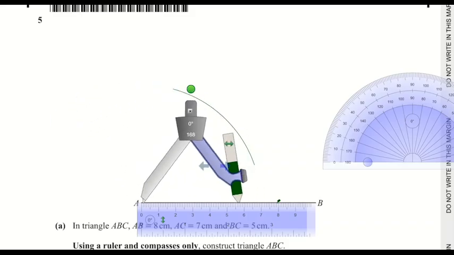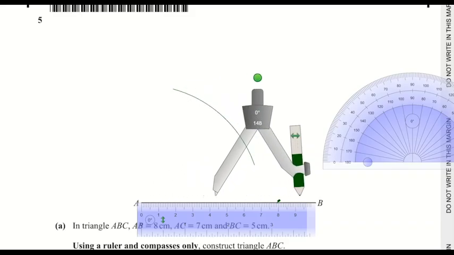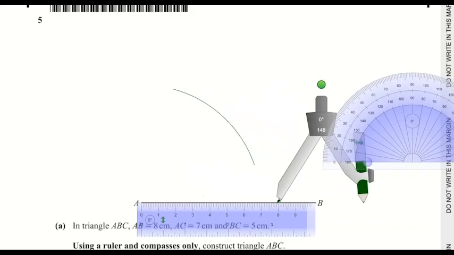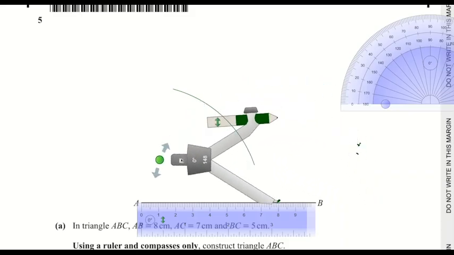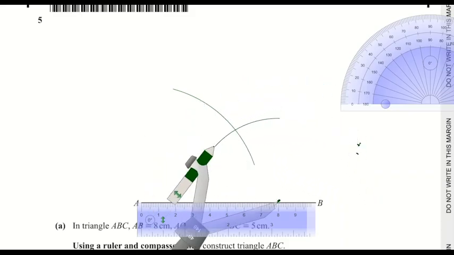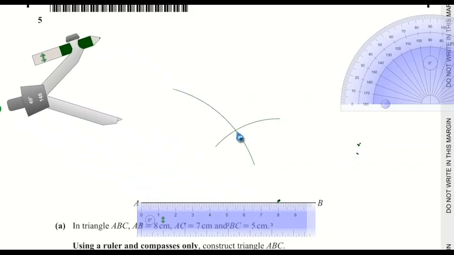We need to drag this one here, 5 centimeters, but in this case, center at B now. Then we can draw the intersection like this, the arc here. Good. So this is going to be point C.